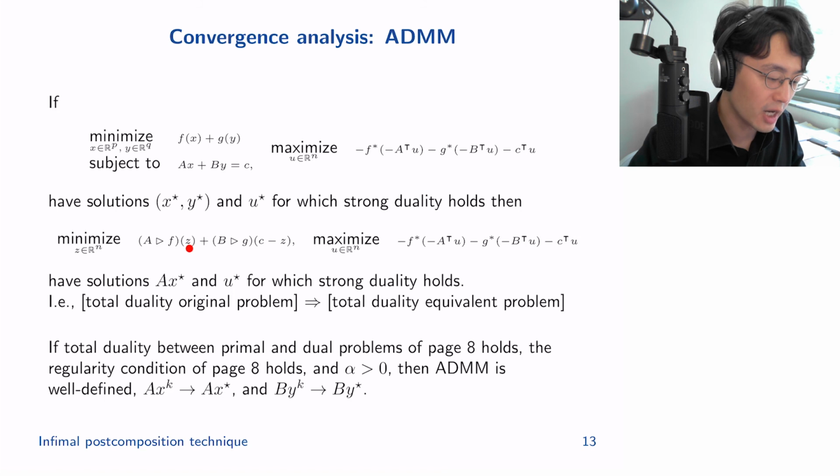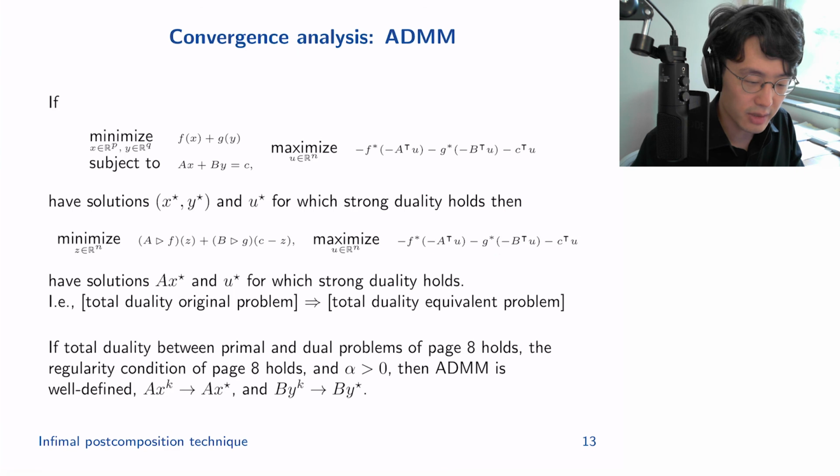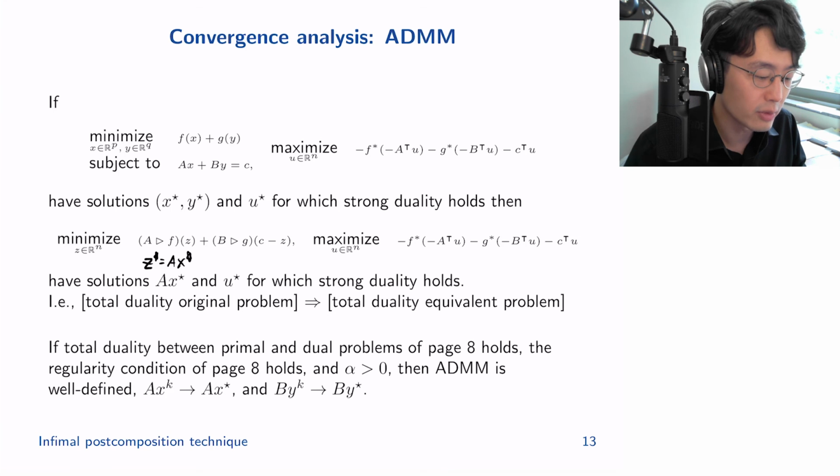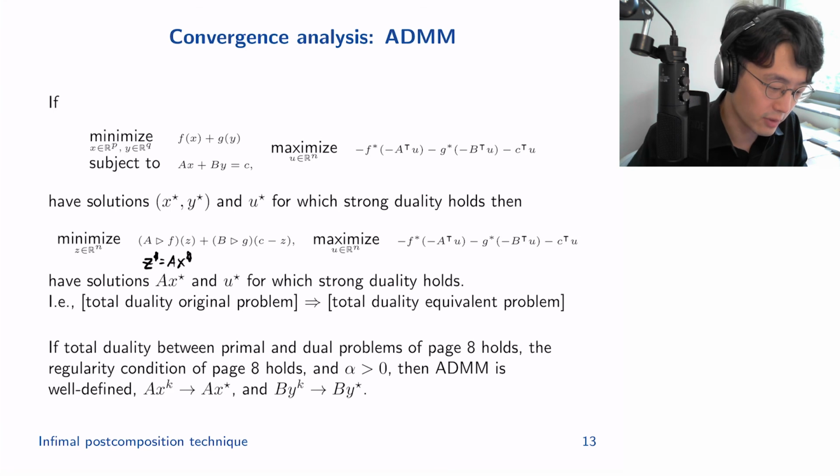The optimal z is equal to A times x star. The optimal dual solution is the same because the dual problem is unchanged. So A x star and u star constitute a primal dual solution pair for this equivalent primal dual problem pair.